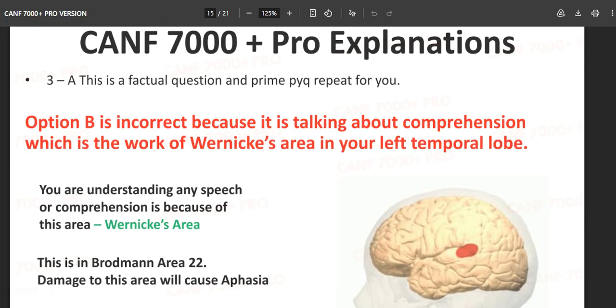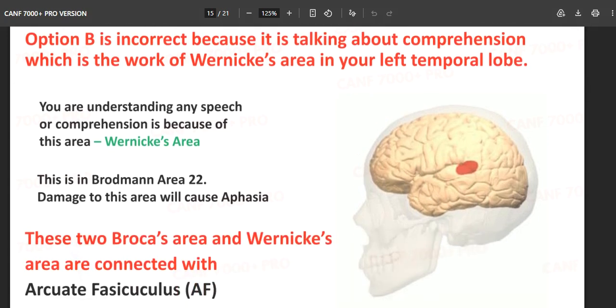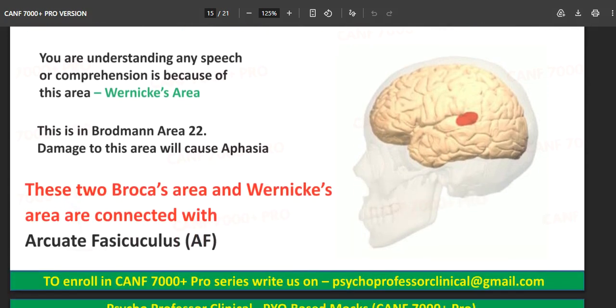But there is one more aphasia which you are going to learn. Broca's area and Wernicke's area are connected.